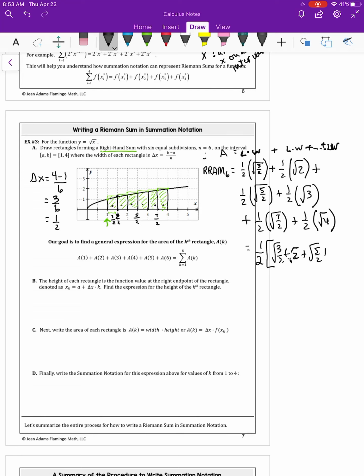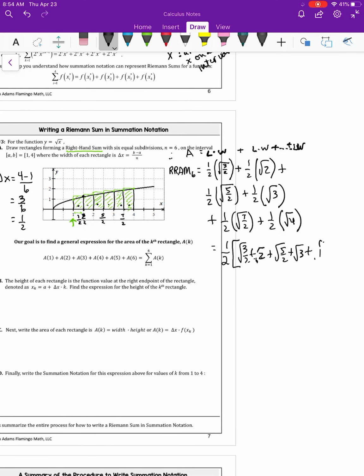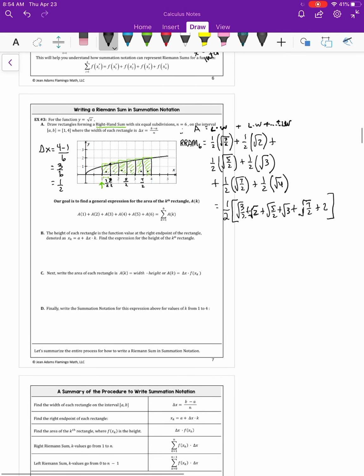And, you know, we could figure out what this one is. Notice, though, that if they were all the same width, you can factor that 1/2 out. And then you'd have your square root of 3/2 plus square root of 2, plus square root of 5/2, plus square root of 3, plus square root of 7/2, and then plus square root of 4. I'll just put 2.